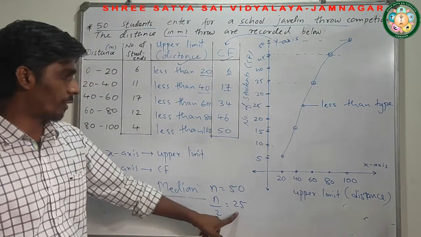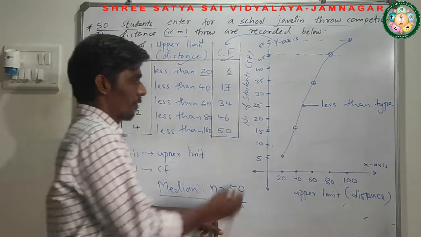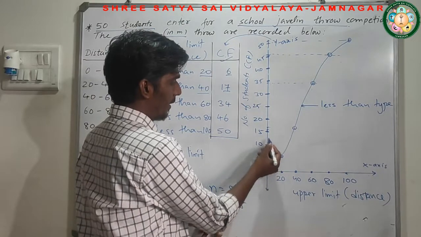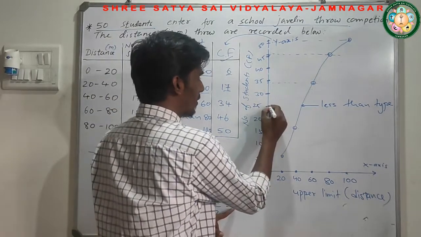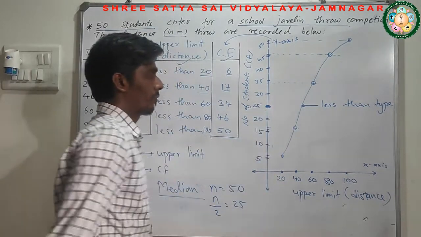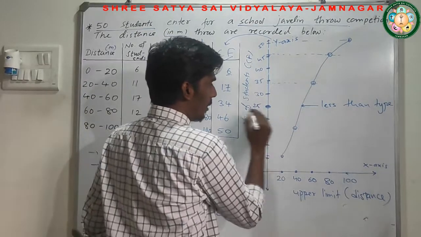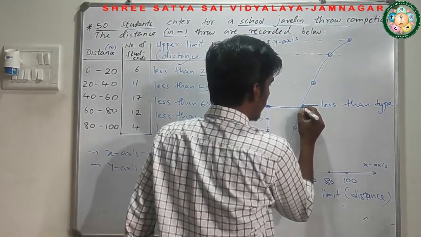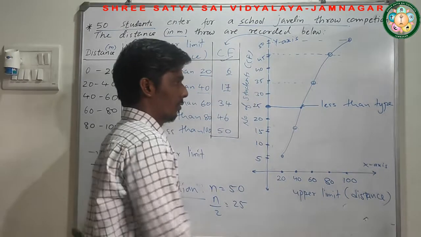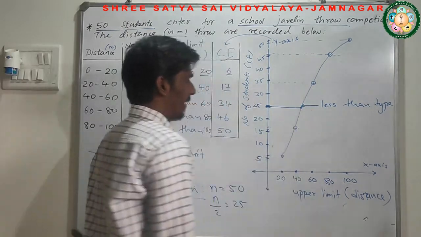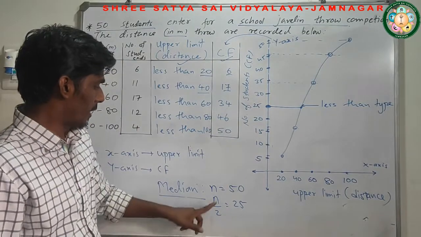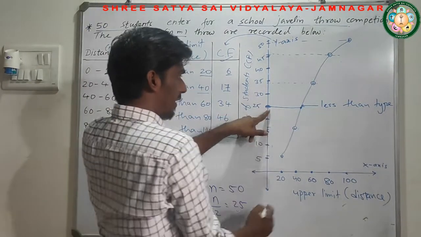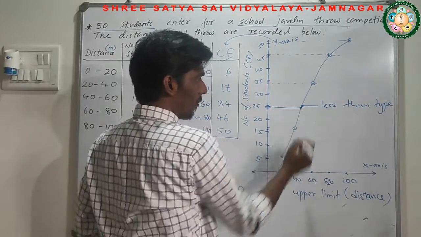So n by 2 is 25. Now what do we have to do? We have to move on the CF axis to 25: 5, 10, 15, 20 and 25. This is 25. Then from this 25 point, connect a straight line which intersects the curve. Why 25? Because n by 2 is 25.